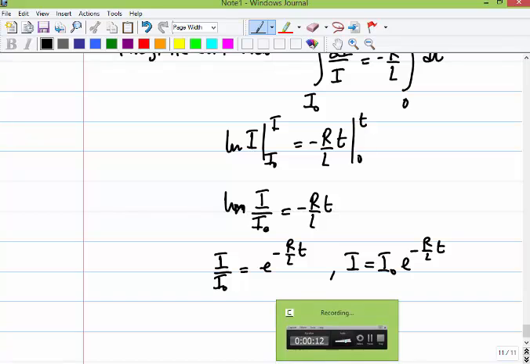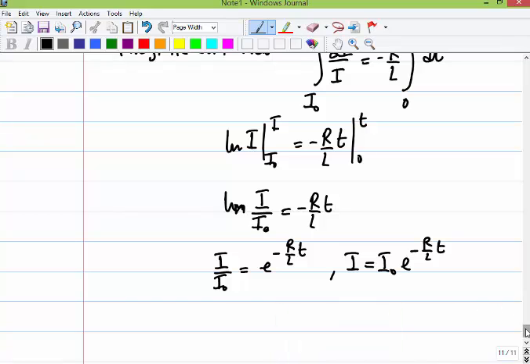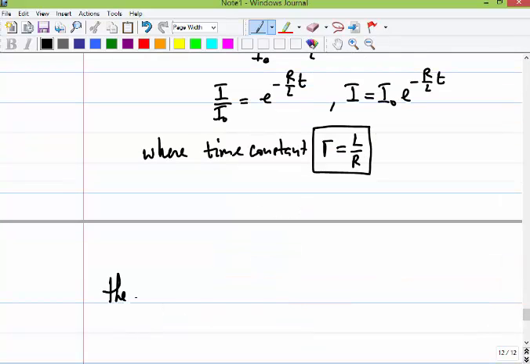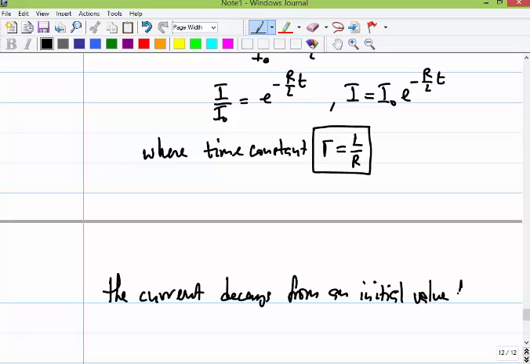This tells us that the current decays in an exponential way, where the time constant tau is given by L over R. The current decays from an initial value I naught to a final value I in an exponential way.